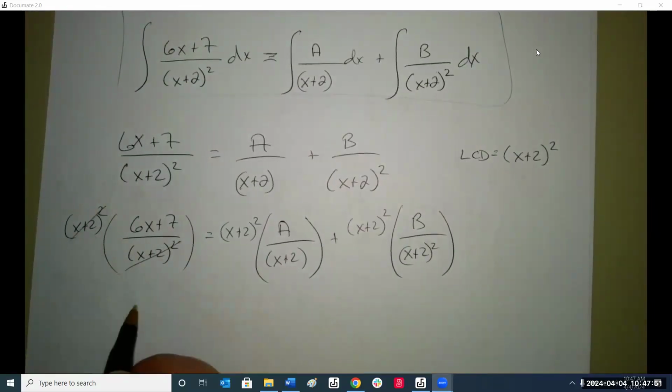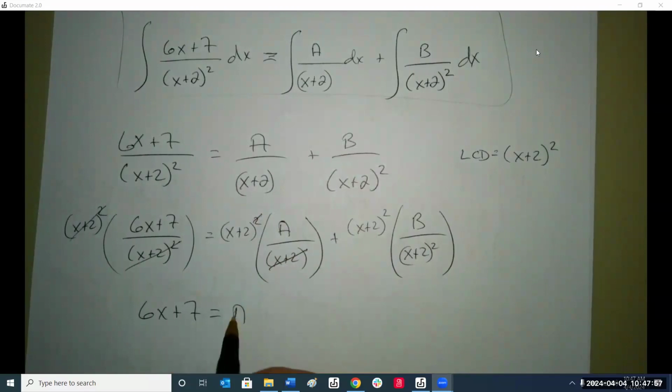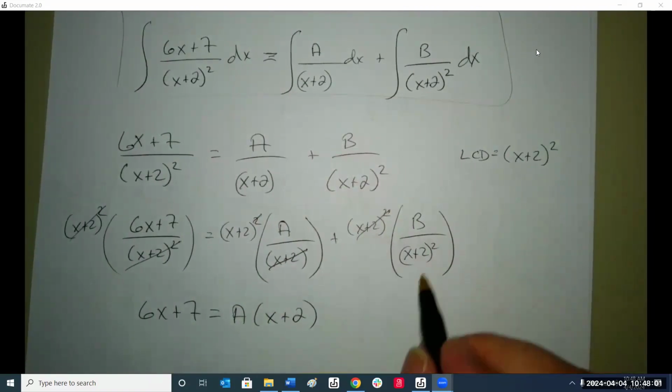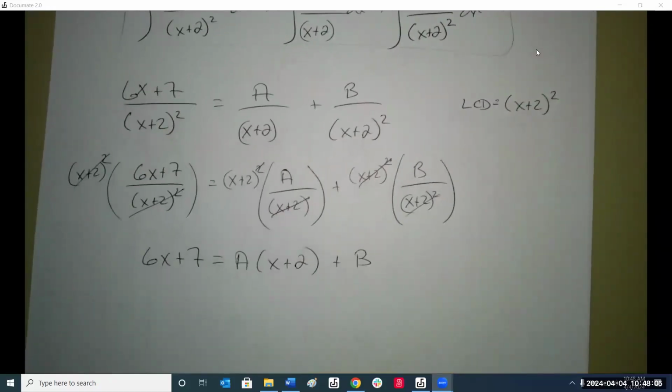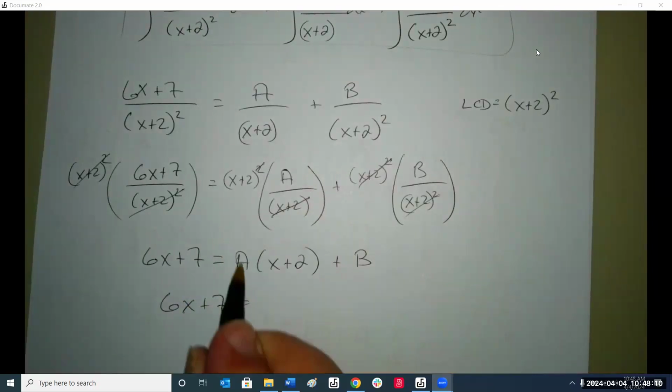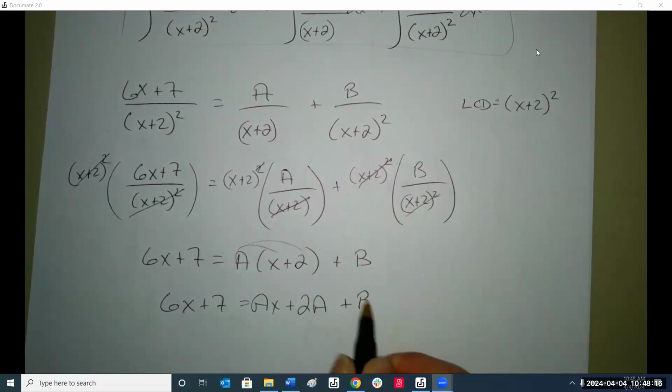So those cancel, so I have 6x + 7. One of these cancels, so I have A(x + 2). Both of those cancel, so I have plus B. I have Ax + 2A.